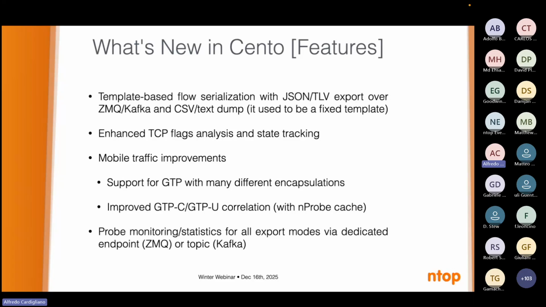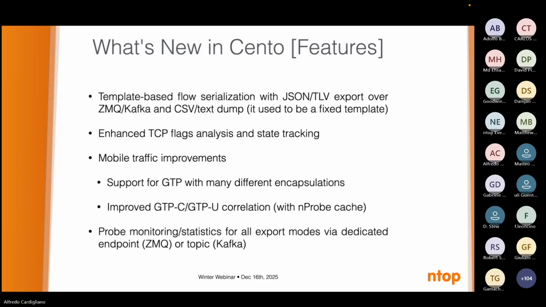In this release, we added the ability to export a dynamic, custom template also when exporting JSON flows over ZMQ, or the same for binary flows like TLV over ZMQ or Kafka, or even when exporting those flows to disk in CSV or text format. So now you can choose which information elements you want to export, which information contained in the flows, which metadata to export to ntopng or to a big data system or to file.